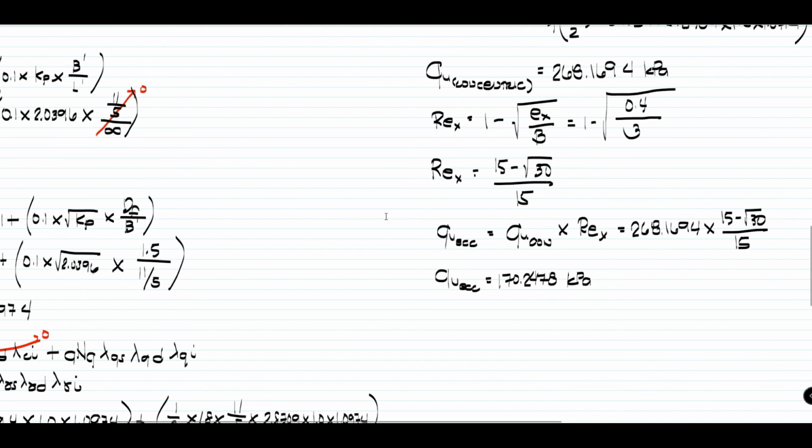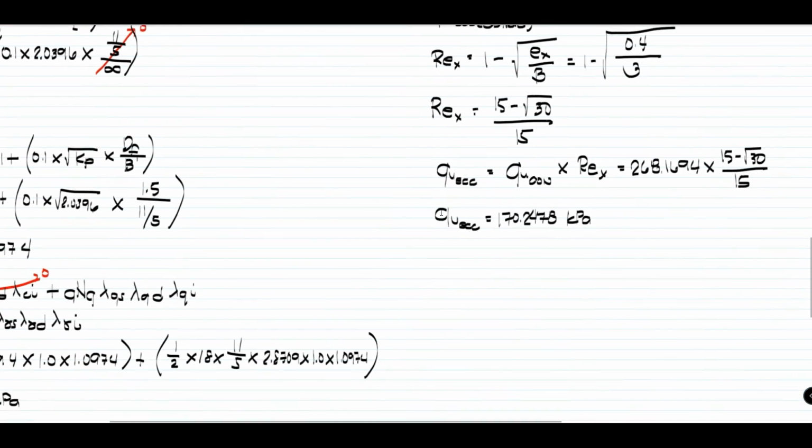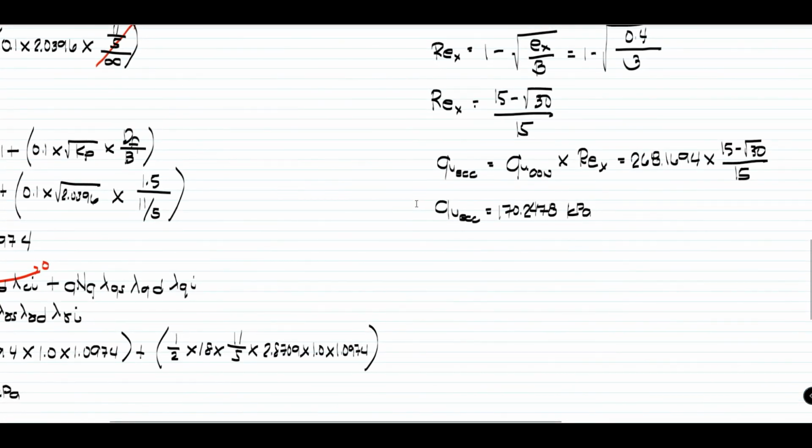So, hindi pa yan yung answer natin kasi ang kailangan natin is the ultimate load or the ultimate load per meter length. So, to get PU, we'll have the QU eccentric multiplied by B prime. So, that will be 170.2478 times the B prime, or hindi na pala siya B prime, sorry. B na lang siya kasi na-reduce na natin yung QU eccentric eh.